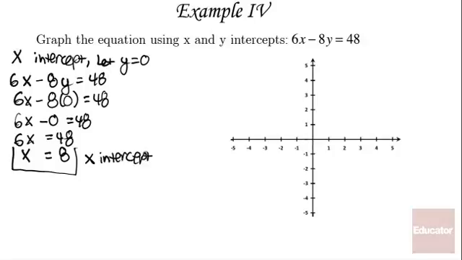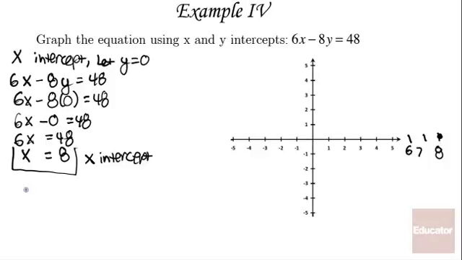Now, the coordinate pair for that is going to be that x equals 8 and y equals 0. So at this point, x equals 8 and y equals 0. That's the x-intercept.